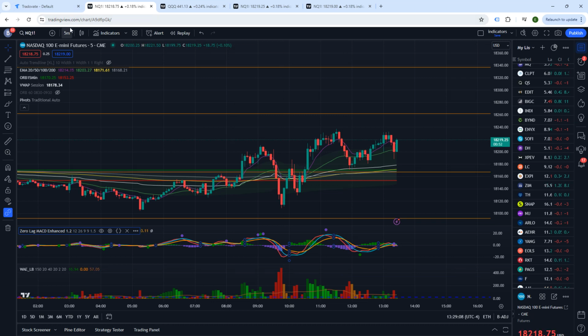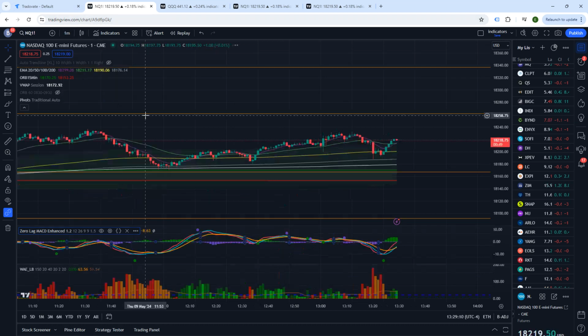But I was using it on the one earlier, and it works. It's almost like a confirmation of the above, because this turned green right here, and then the next bar, this turned green, and then I would have stayed in until either we close this red below or this turns red.